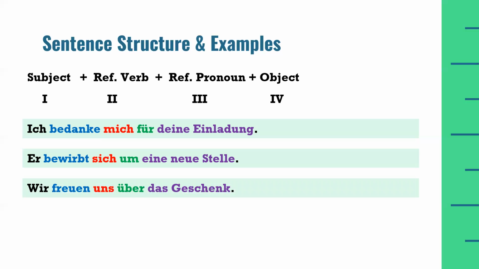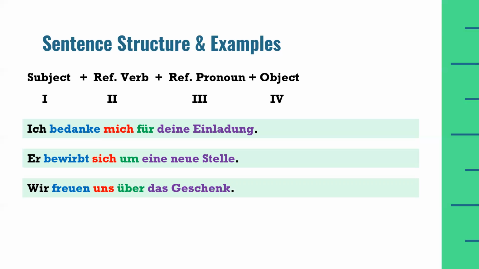Now, in this sentence also, wir is the subject of the sentence and sich freuen is the verb that we have used in this sentence. If the subject is wir, freuen will remain freuen, and the reflexive pronoun for wir is uns. So it will come at the third position. Then comes the preposition über.